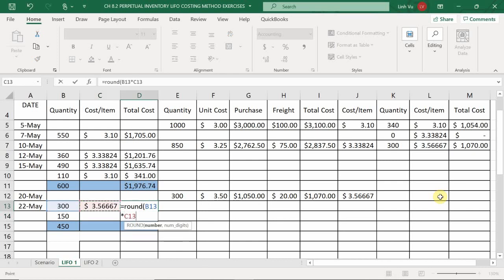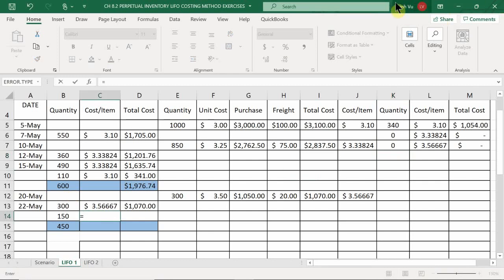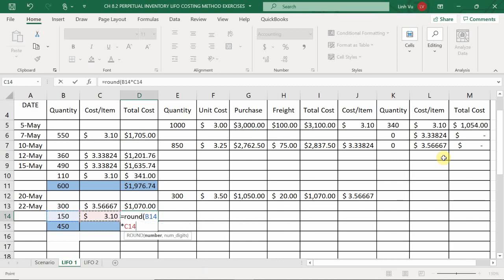I don't really need to calculate it, but this is for class purposes only, and I'm just referencing it. So I know I'm going to eliminate 1,070 right away because that entire batch of inventory is gone. Then I still need to take out 150 from my 340. Each item on here is going to cost me $3.10. So I need to calculate how much 150 times 3.10 is going to equal.